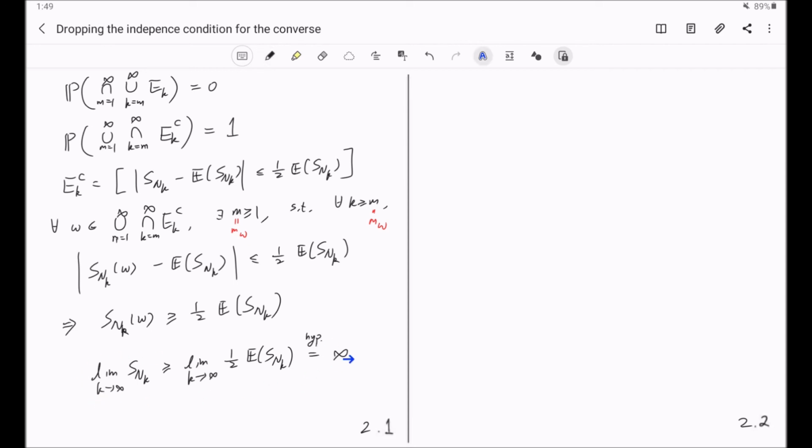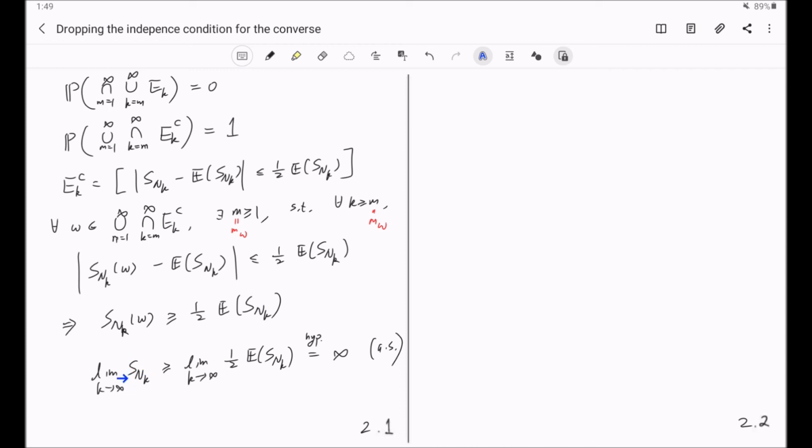The exceptional sets, where this could possibly fail, form only a set of measure 0. This is true almost surely. So what we have proved is that along a subsequence S sub n converges to infinity almost surely.